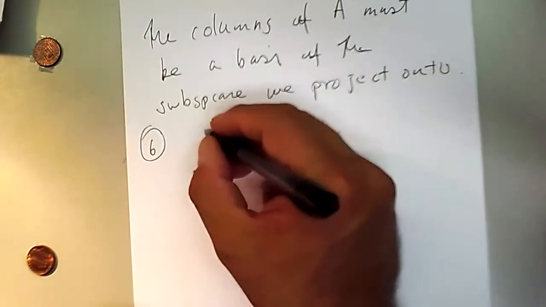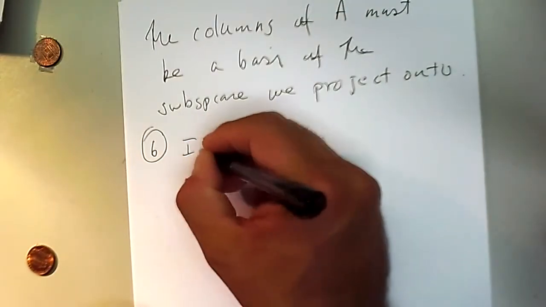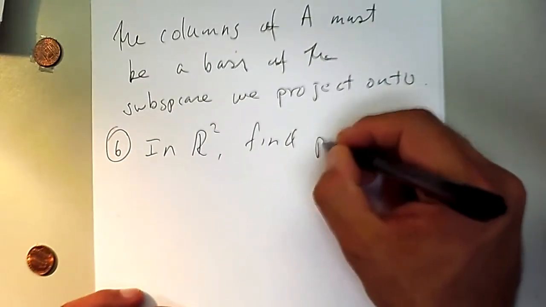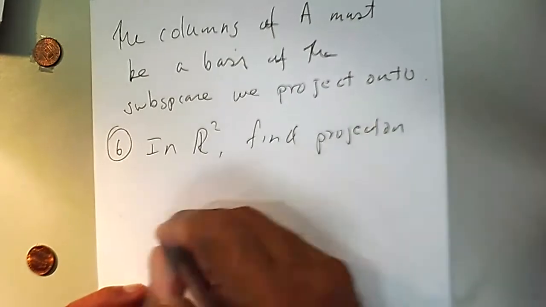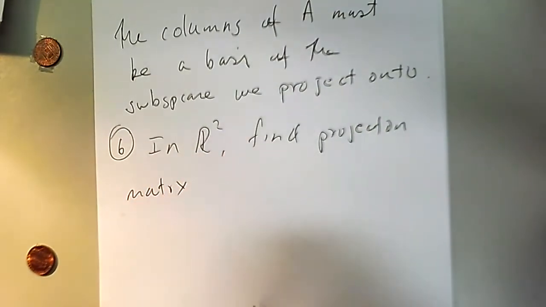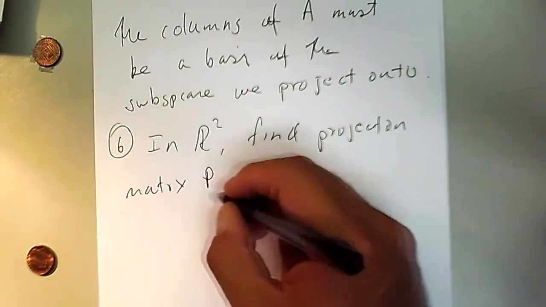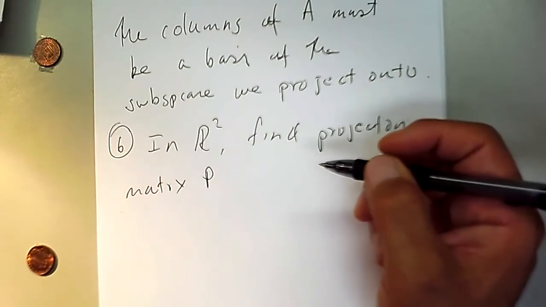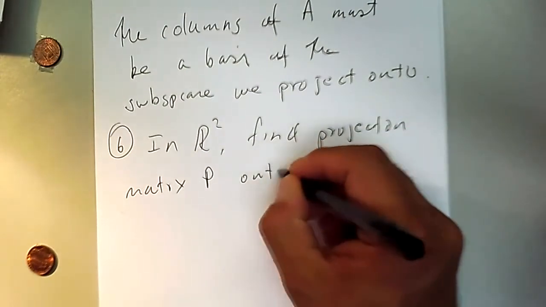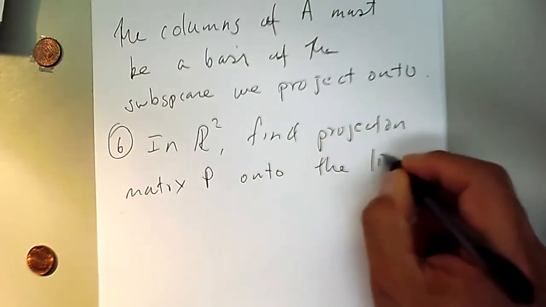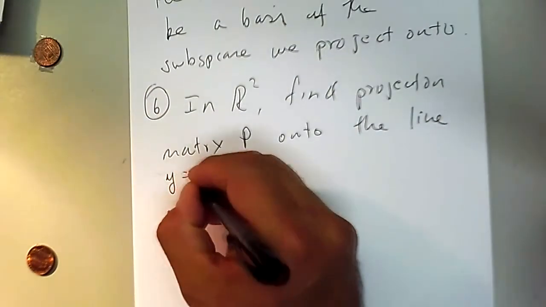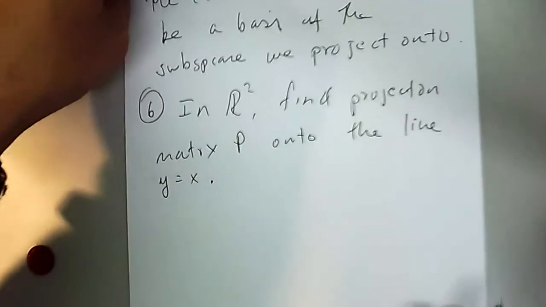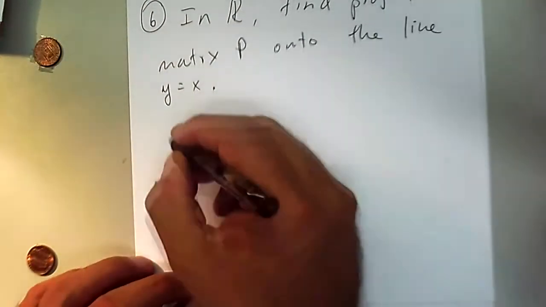Okay, so in R squared, find the projection matrix P onto the line y equals x. Okay, so that is exactly the problem we had.